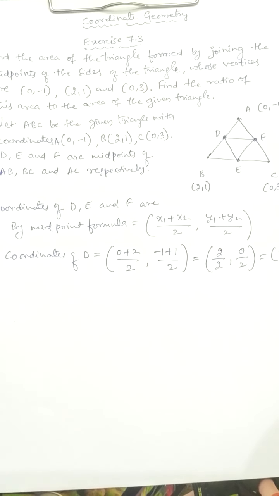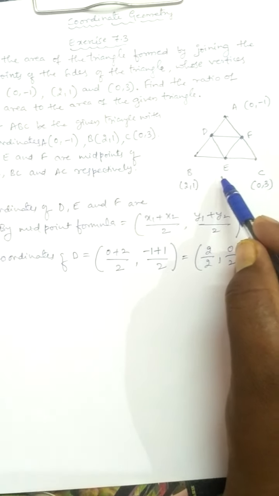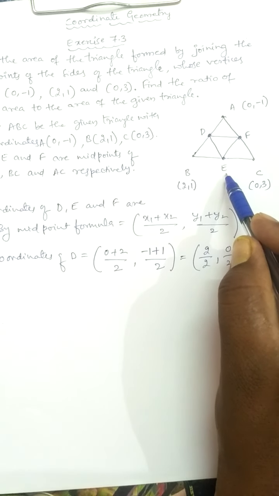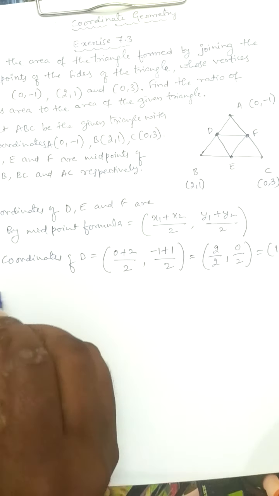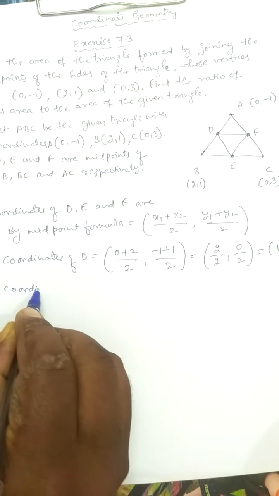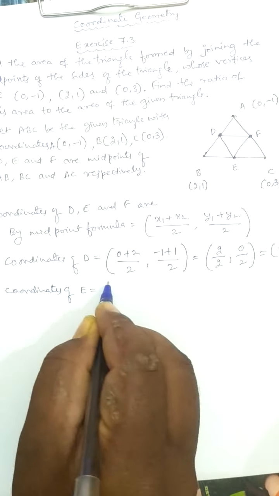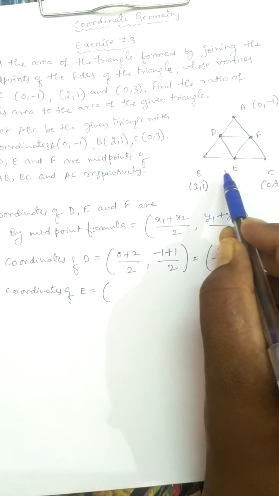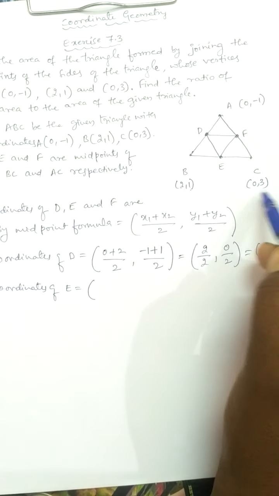Next, we have to go for the coordinates of point E. How to find the coordinates of point E? Point E is the midpoint of BC. So the coordinates of point E: this is x1, y1 you have to take, this is x2, y2 you have to take.